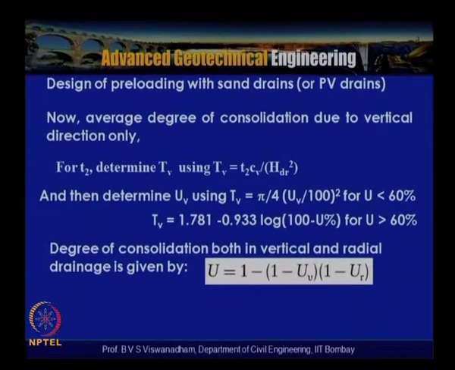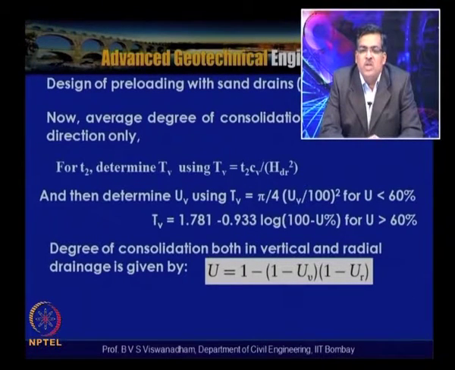Here, being vertical drainage, by knowing the thickness of the clay, we can calculate the time factor TV, and then calculate the average degree of consolidation in the vertical direction using TV is equal to pi by 4 into UV by 100 whole square for U less than 60%, or for U greater than 60%, TV is equal to 1.781 minus 0.933 logarithmic of 100 minus U%.